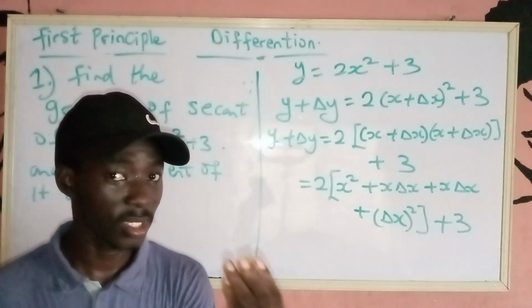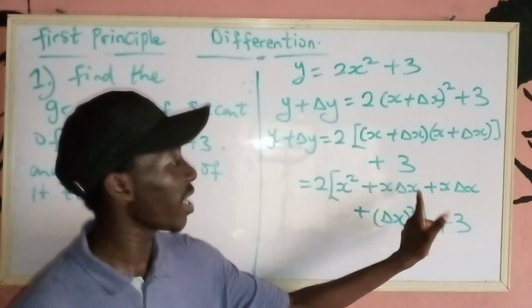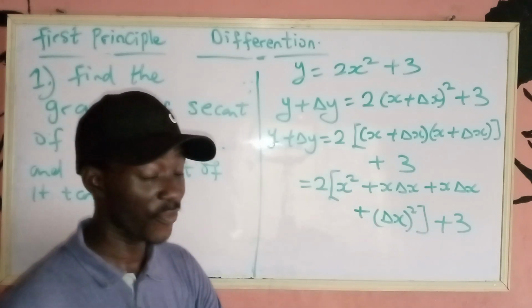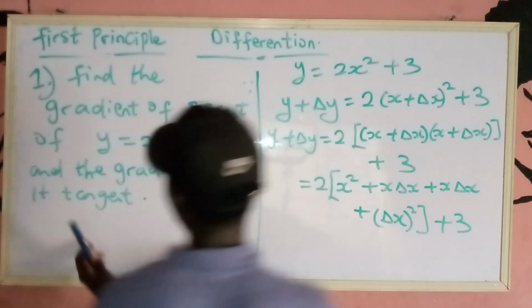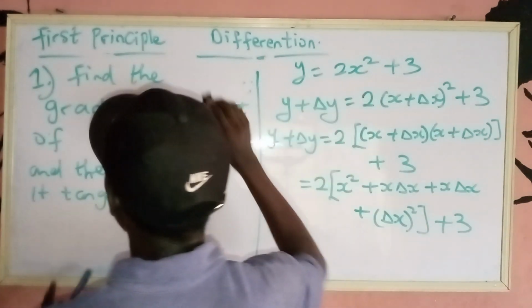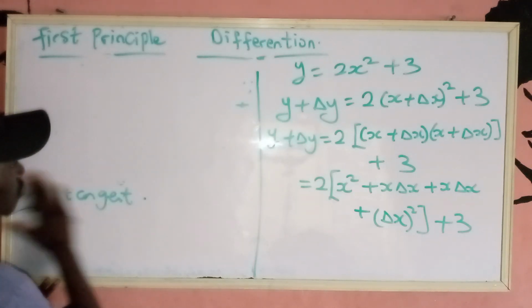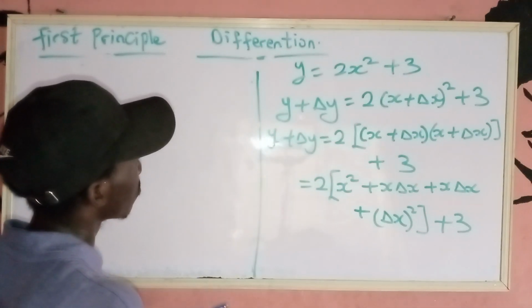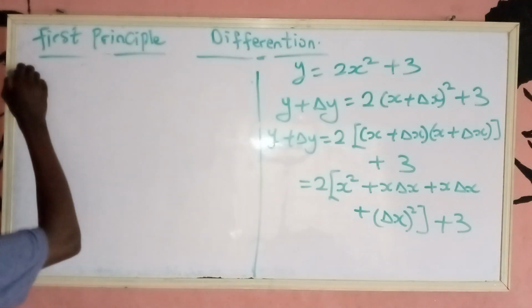This change in x is a quantity, so you must not mix the x of it with the x of this. That is the reason why I put the x at the back of this, dx, to differentiate them. So since we've seen the question, I can clear it, and then we can continue.